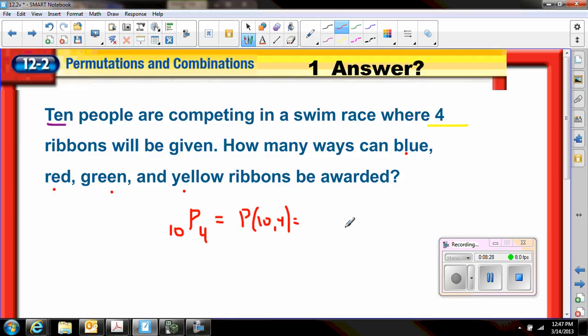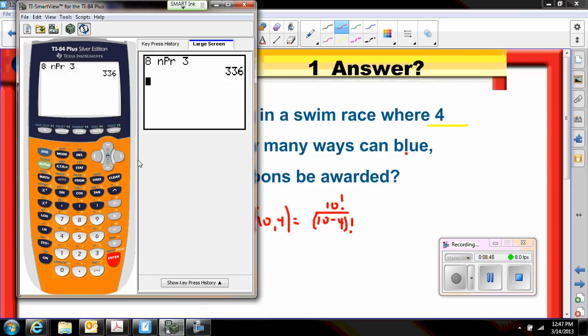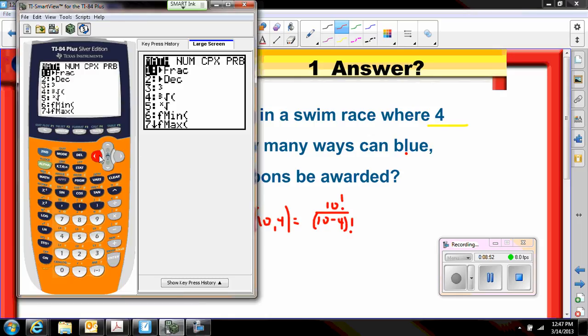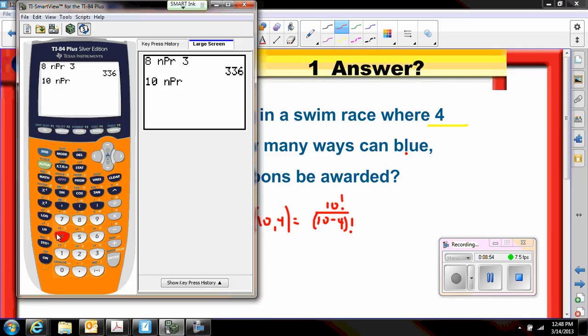Now, if you're not lucky enough to have the button on your calculator for permutation, we can simply follow the formula, which would be 10 factorial over 10 minus 4 factorial. If we are lucky enough to have the button on the calculator, it's just a simple matter of going 10, permutation, 4, press enter.